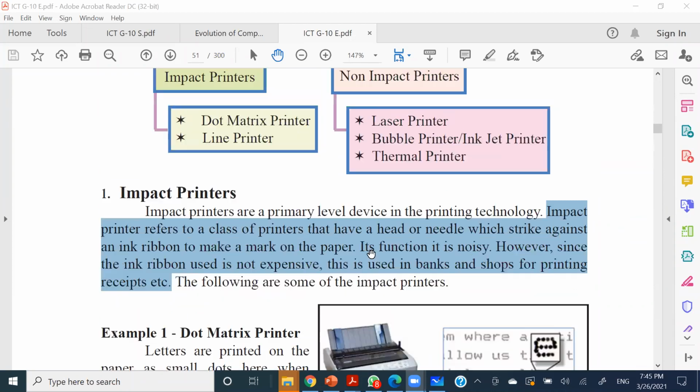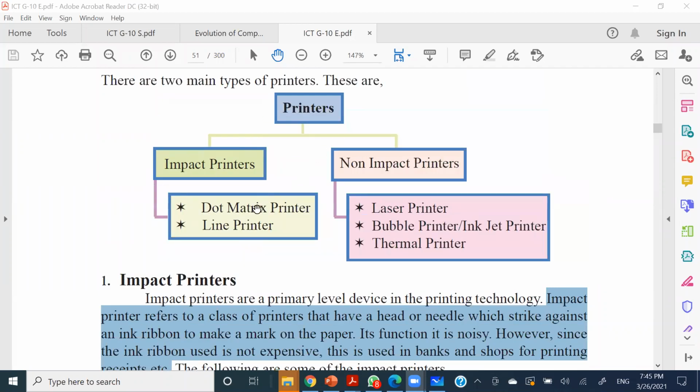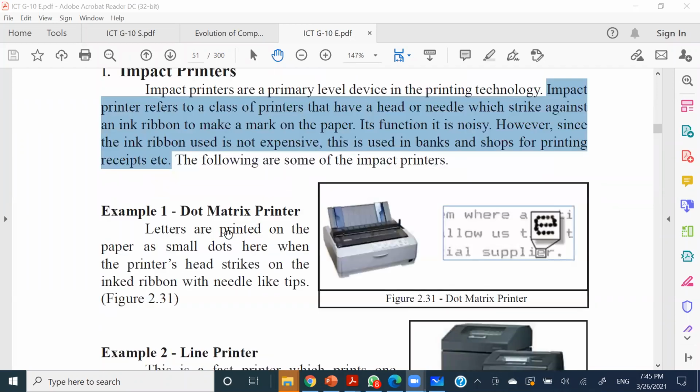Right. Because we have written the things in this sketch, in this diagram, dot matrix and line printer, we don't need to go through the examples, right?